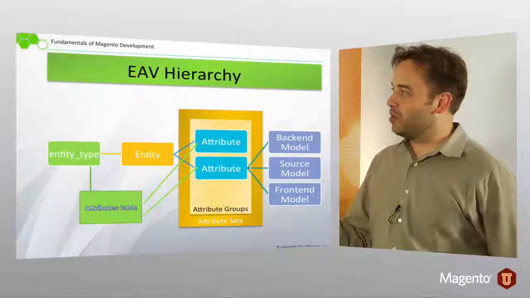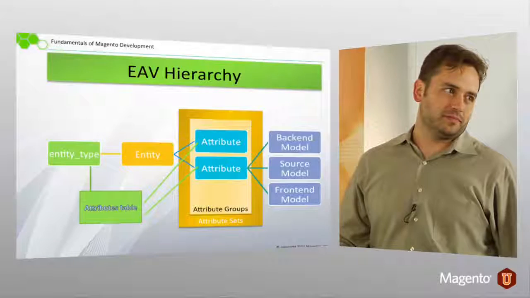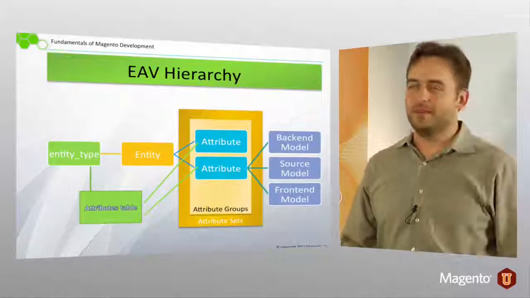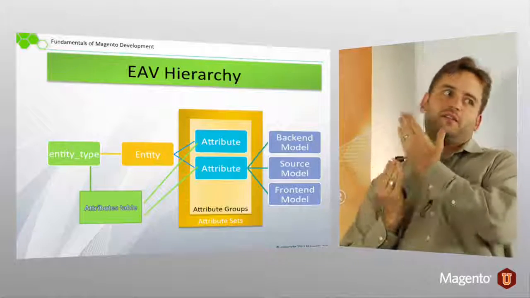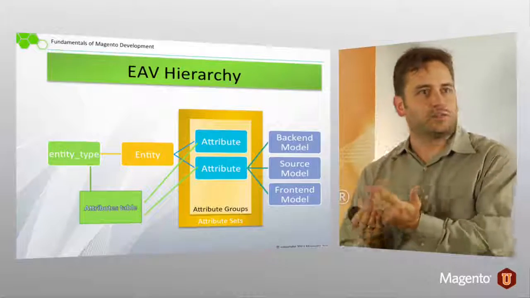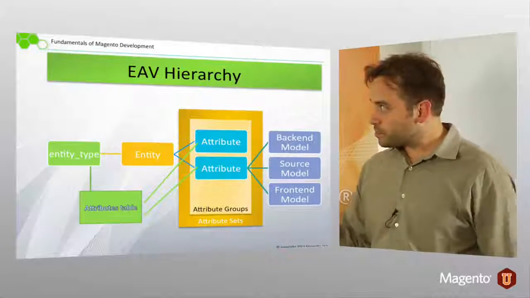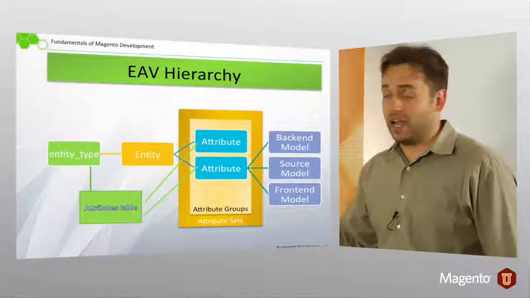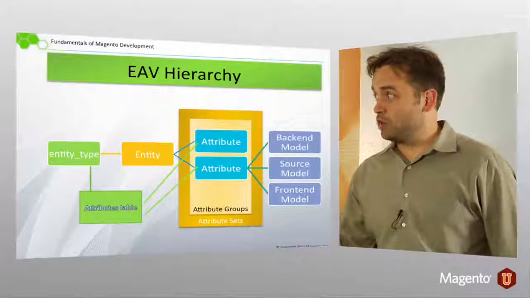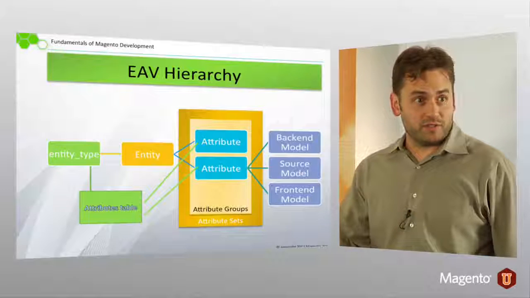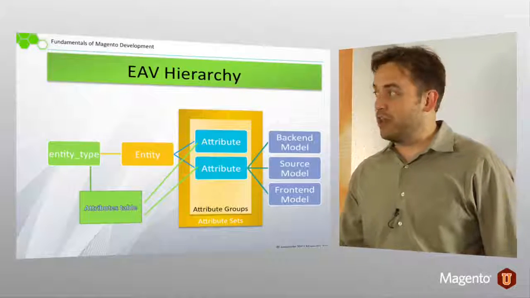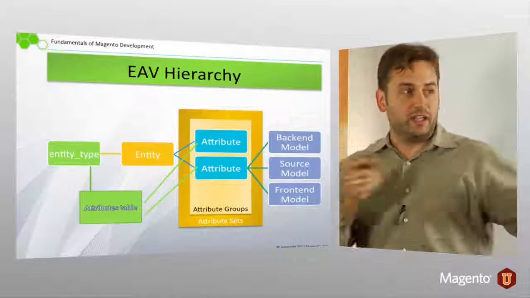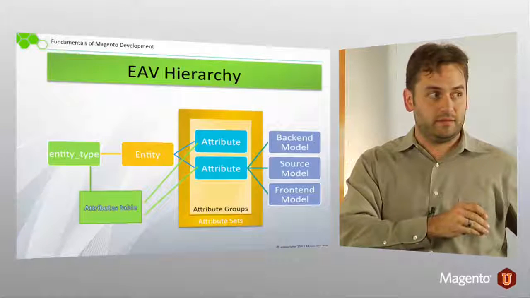They have backend model, source model, and front-end model. Okay? The good news is, like, that's the end of the complexity here. That's a lot, I know. It's a whole other set. But backend models used for saving attribute values. Source model used for rendering options. And front-end models used for rendering in the front end. Okay?